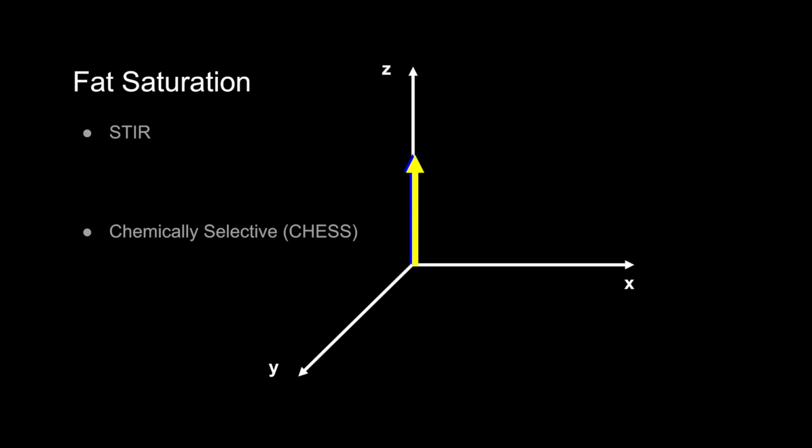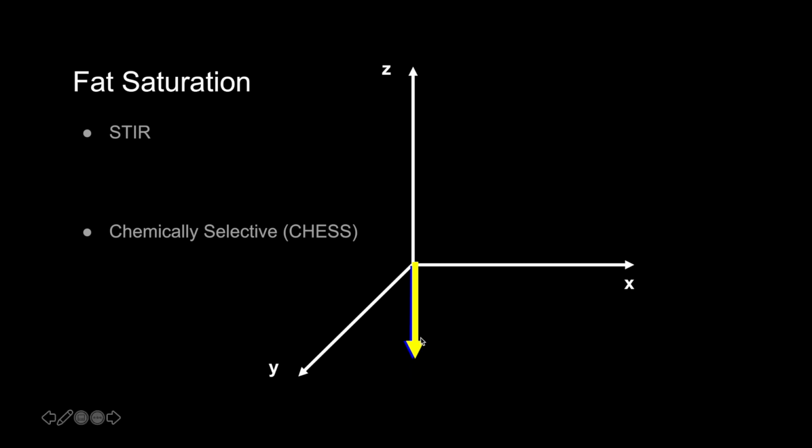Well, the initial 180-degree pulse flips magnetization into the negative Z direction. After a certain amount of time, based on their T1 relaxation time, they start to recover in the z-axis towards the positive z-axis.